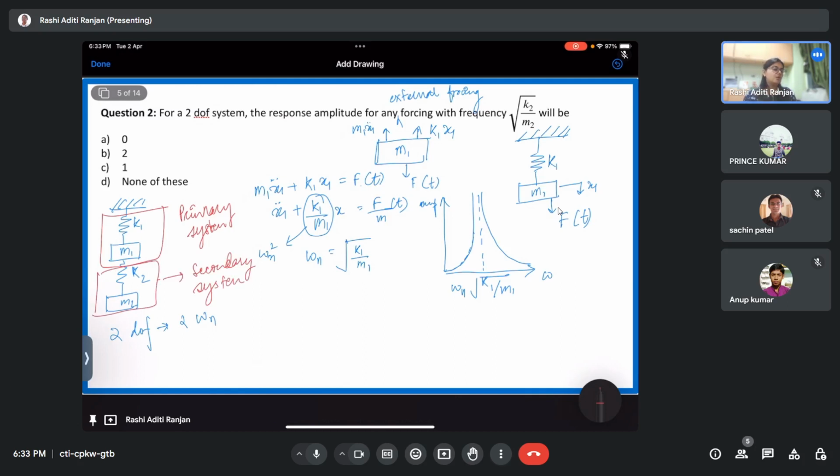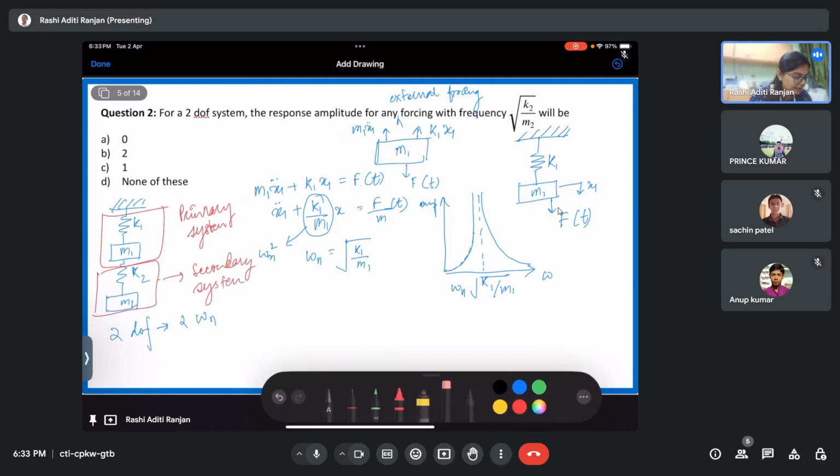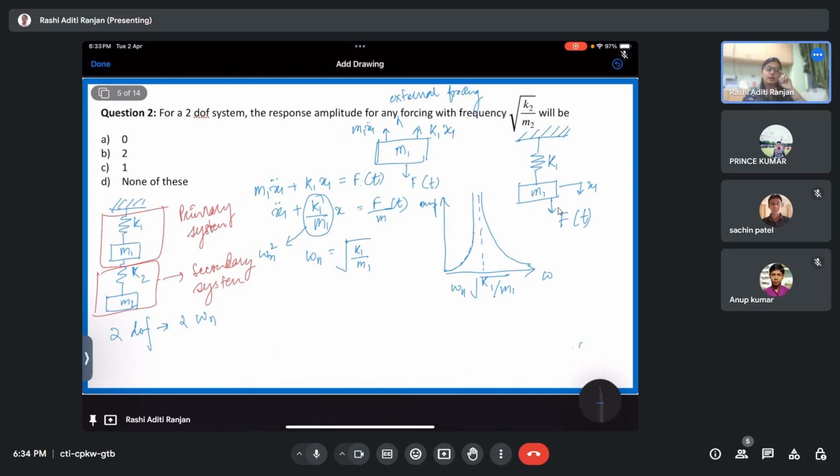I'll write the equations later, and I'll just tell you that there are going to be 2 natural frequencies, and they will not be equal to this omega n. They would depend upon the system behavior, which I will show you in the further questions, that is, how we actually evaluate the two natural frequencies and how they differ from under root k1 by m1.